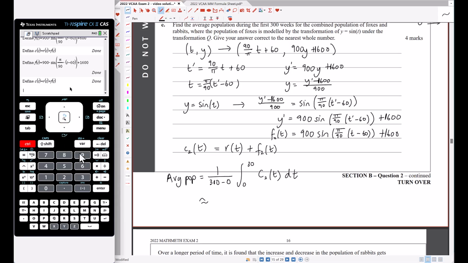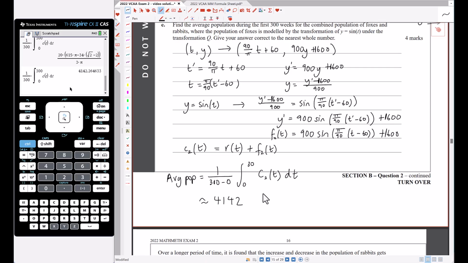So 1 on 300, shift plus 0 to 300 of my new c of t, which is still just called c of t in my CAS. I just redefined them. We want nearest whole number, so let's hit Control Enter on that. So that's approximately 4,142 animals, foxes and rabbits, is the average combined population of those first 300 weeks.